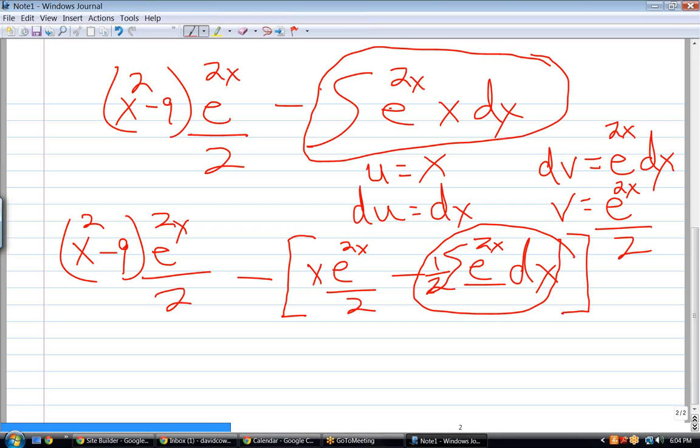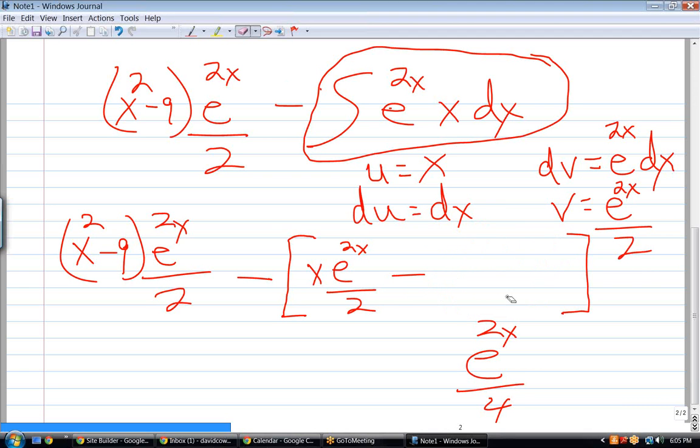Yes. In other words, whenever you have e to the cx, the antiderivative of it is e to the cx divided by c. So whatever this coefficient is, you're always going to divide it by that. Okay? So now I can replace what I have circled here with e to the 2x divided by 4. You see that? Yeah. Because there's this 1/2 over here. So let me replace that with e to the 2x over 4.